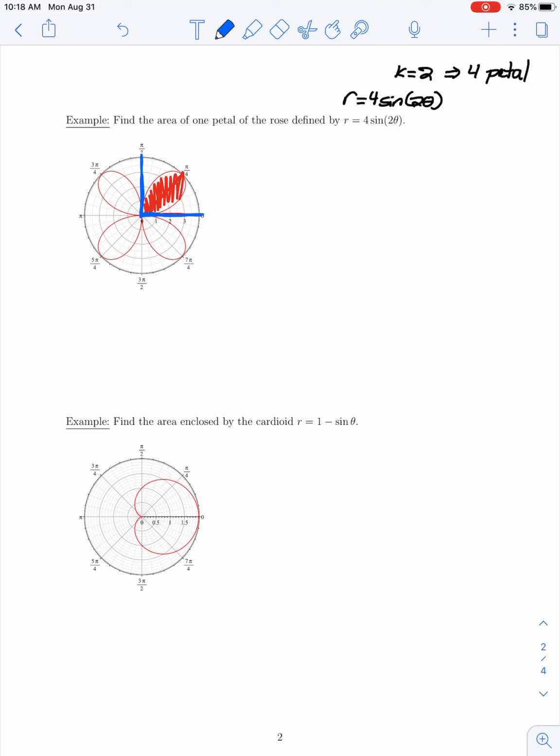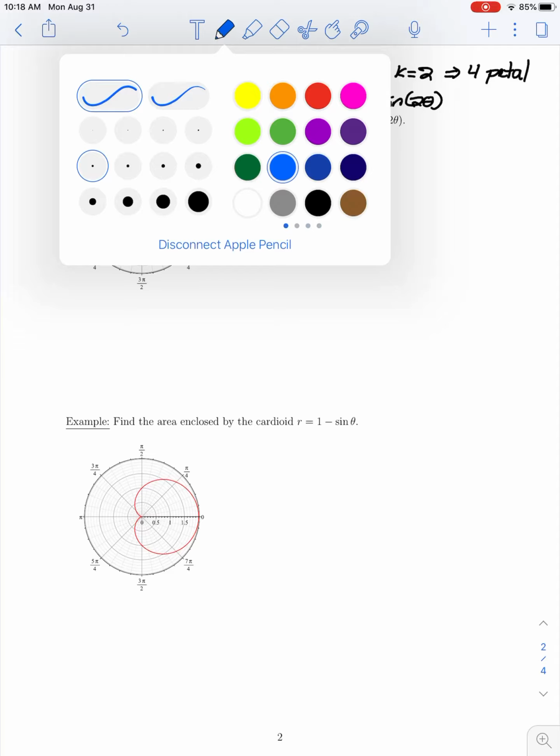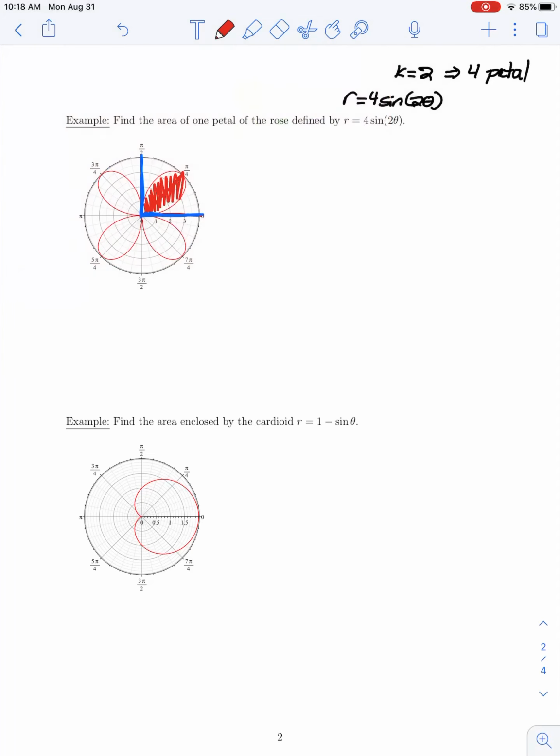But to show how we might find that algebraically, which will be useful in some of our later problems, we can see that first petal is traced out from the origin back to the origin. That is from r equals 0 to r equals 0.